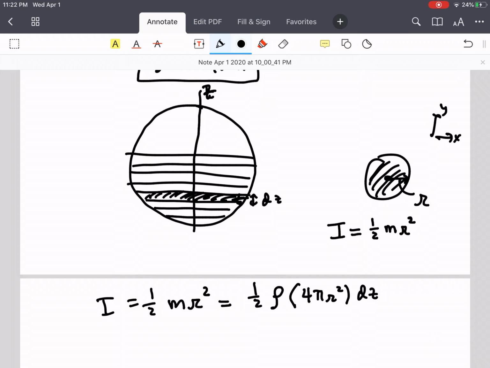So that's 1/2 m times curly r squared. Or in other words, the little bit of I, I'm going to call this dI because it's the moment of inertia of that little sliver, is just 2 pi rho times curly r to the fourth dz.